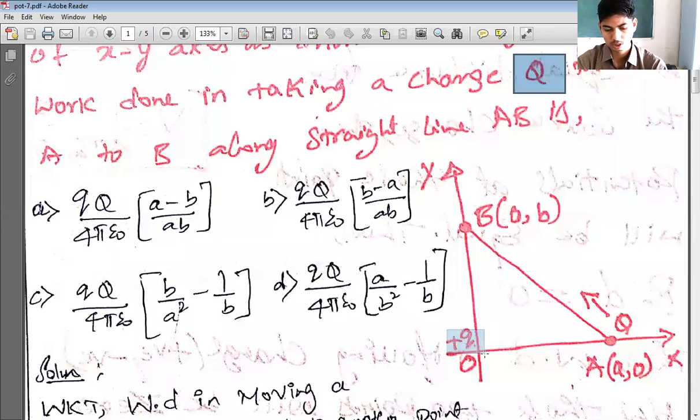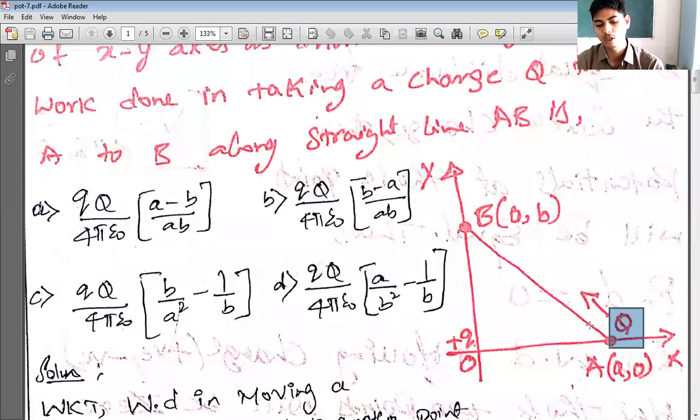A charge q is placed at origin O of xy axis. You need to calculate work done in carrying this charge capital Q from point A to B along the straight line AB.